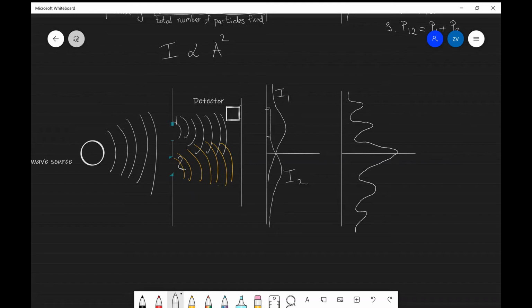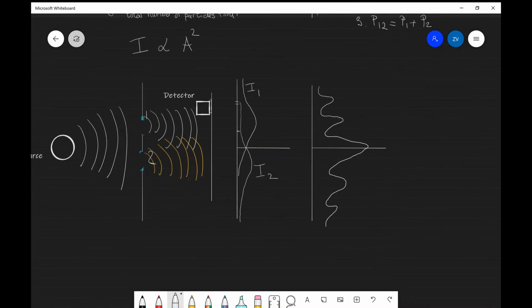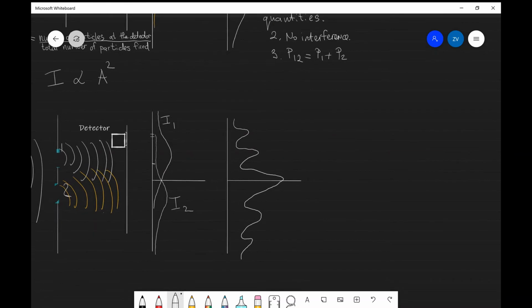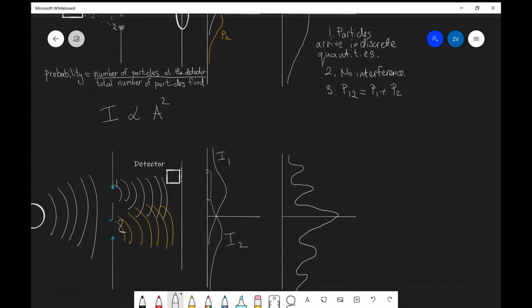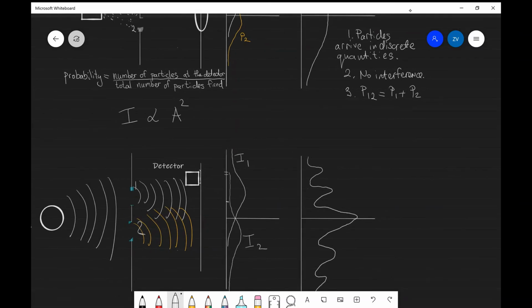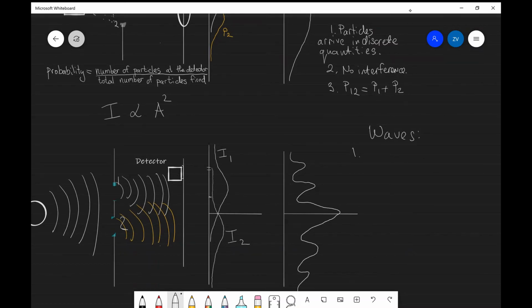We can summarize our findings for waves just here over on the side. In fact, let's leave our findings for particles also visible. So we can write down over here that for waves, number 1, the intensity can have any value. This is really important. The intensity of a wave can have any value.